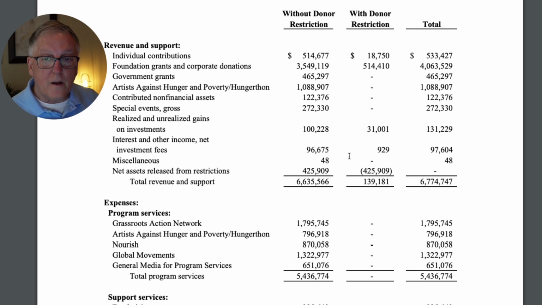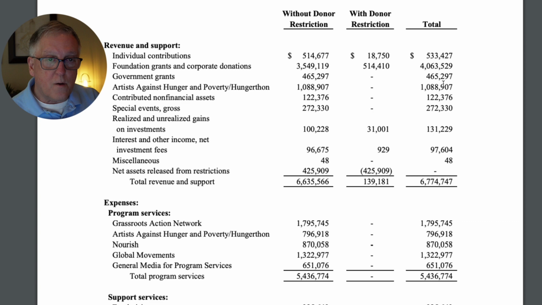Nonprofits can present just like one column and have the without donor restrictions at the top and then put the with donor restrictions down below. I prefer this type of presentation. You can see the money moving from here to here. I can see the totals for without and with over here.